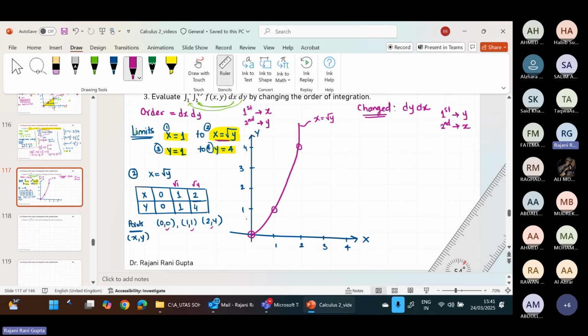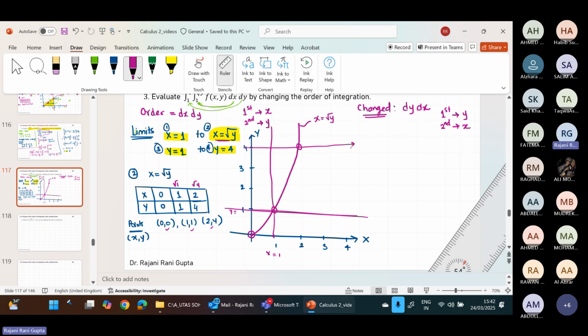Next is y equal to 1. This is the point where y is 1. So this is your straight line, y equal to 1. x equal to 1. This is the point where x is equal to 1. So it should be a straight line like this. Next is y equal to 4.